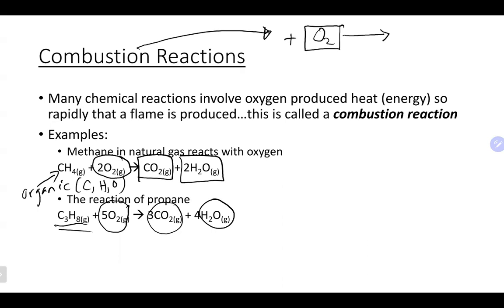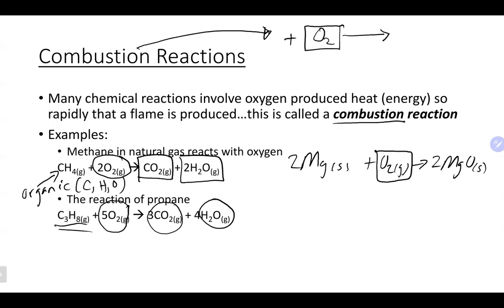You just see oxygen on that side. So for example, this one that we saw earlier, this magnesium plus some oxygen makes some magnesium oxide here. And we'll do a 2 there and a 2 there. Now, technically speaking, this could be classified as a combustion reaction because there's oxygen there. So you could classify that as combustion.